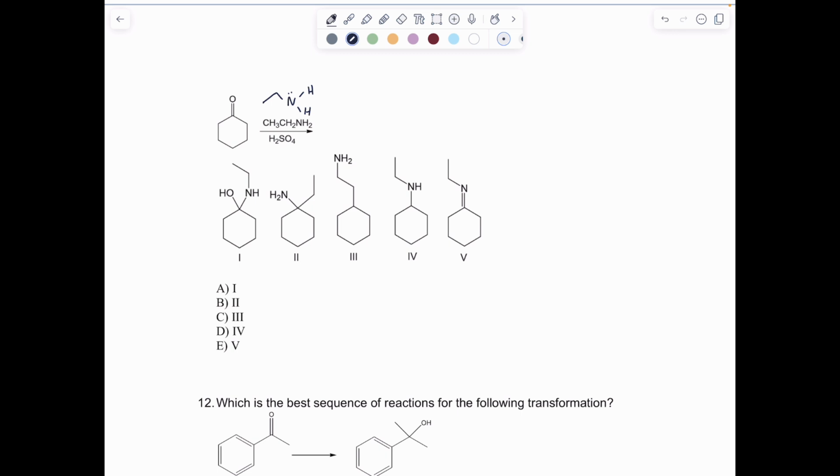So this looks like it's going to be acid catalyzed because we have this H2SO4 in solution. So if it's acid catalyzed, we know that the first step is the oxygen is going to become protonated. So I'm going to show the lone pairs. The lone pairs on this oxygen are able to grab one of those hydrogens, becoming the ketonium product.